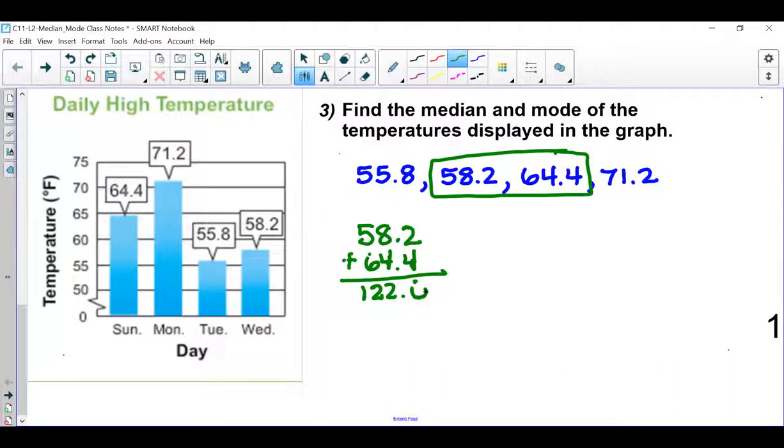Good. Okay, so we're going to divide it, very easily, like I showed you, by 2, which gives me 61.3. Very good, 61.3. And that is our median, our measure of center.